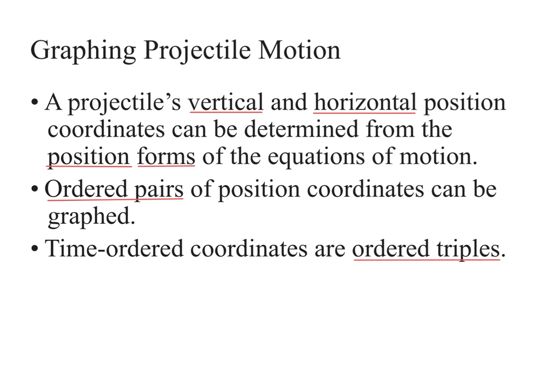If you include time in that, they're called ordered triples. You can compare time to one thing and time to another. But if you're comparing time to two different movements, then you have three: time, your x movement, and your y movement. So you can compare any multitude of things at one time. And we're going to do an example where we do two different graphs for the same thing.